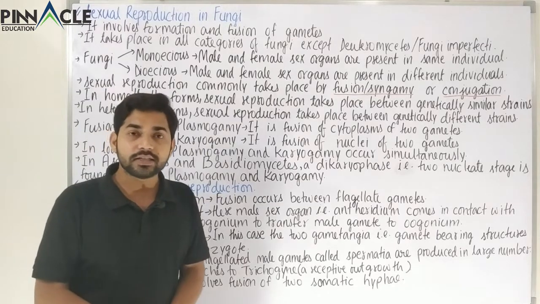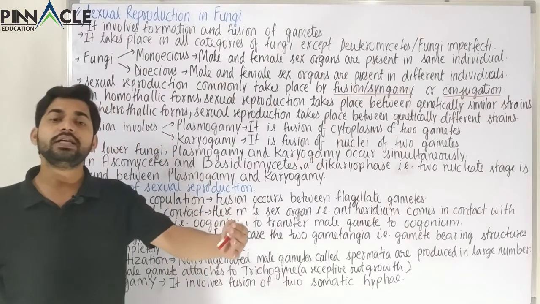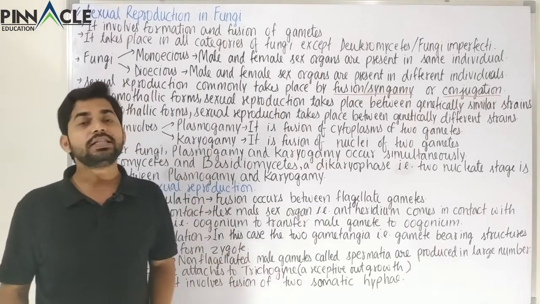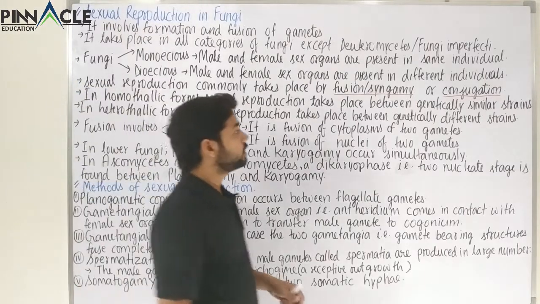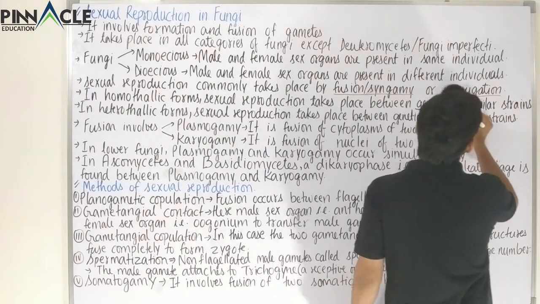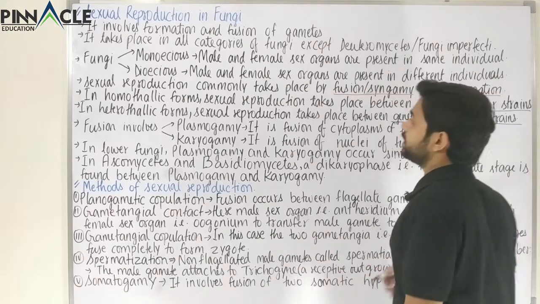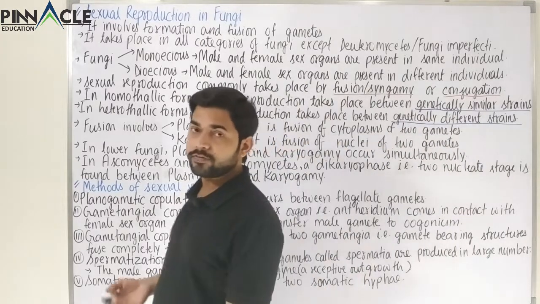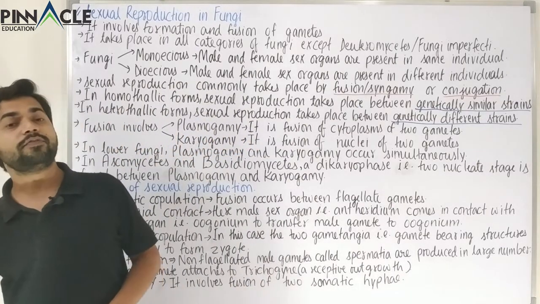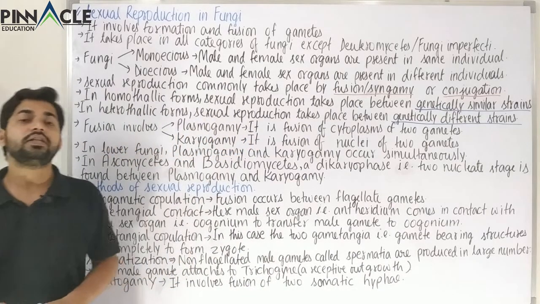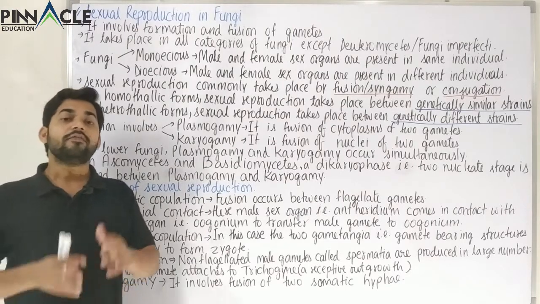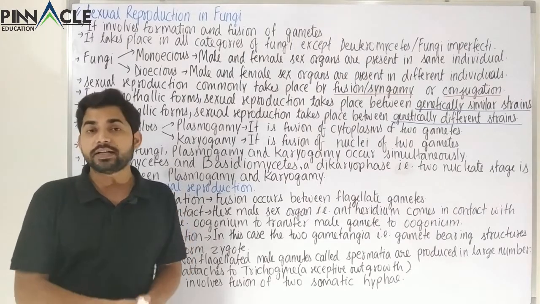So if a fungus is homothallic, it will only reproduce sexually with a genetically similar strain. And in the case of heterothallic forms of kingdom fungi, we find that sexual reproduction occurs commonly with genetically different strains.